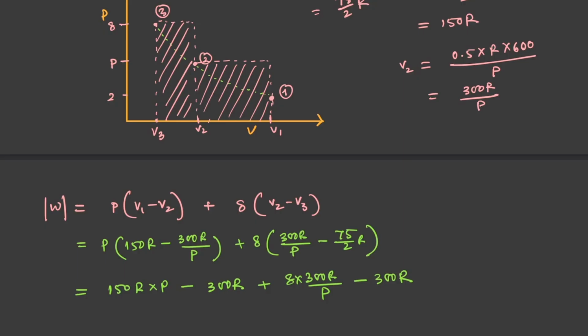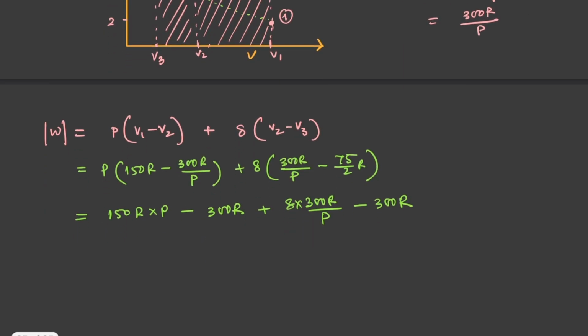Now we have to get the minimum work. We don't know the pressure. So what will I do? I will take the derivative of W with respect to P. At the minimum value, this will be 0. If I do the derivative, it will be 150 R, and this one will be 0, plus minus 8 into 300 R by P square.